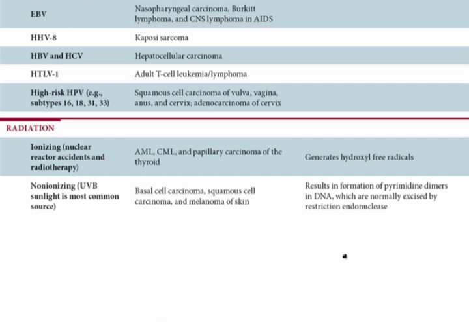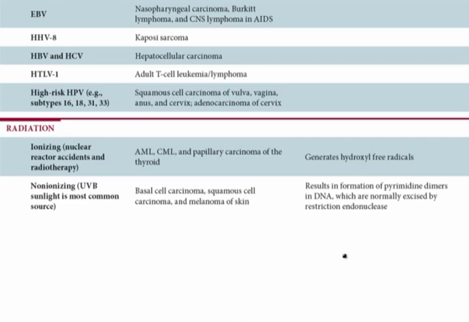Also, a third category of carcinogenic agent is radiation. And radiation can actually be subdivided into two types: ionizing and non-ionizing. Ionizing radiation is that which would be seen in a nuclear reactor accident. Unfortunately, they do occur, as we're well aware, especially with recent news.